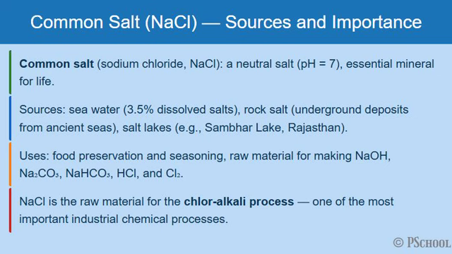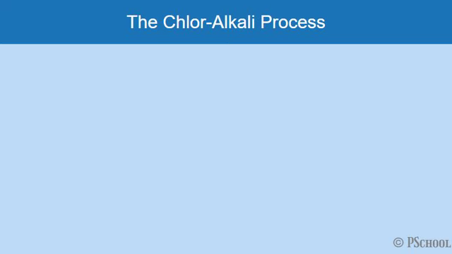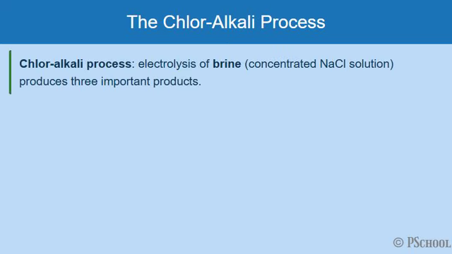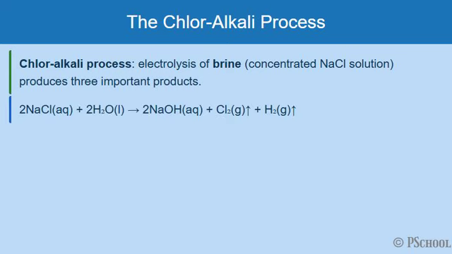Sodium chloride is the raw material for the chlor-alkali process, one of the most important industrial chemical processes. The chlor-alkali process is the electrolysis of brine, concentrated sodium chloride solution, to produce three important products. The reaction: 2 sodium chloride plus 2 water gives 2 sodium hydroxide plus chlorine gas plus hydrogen gas.